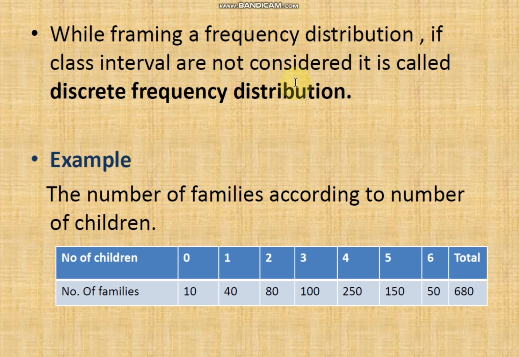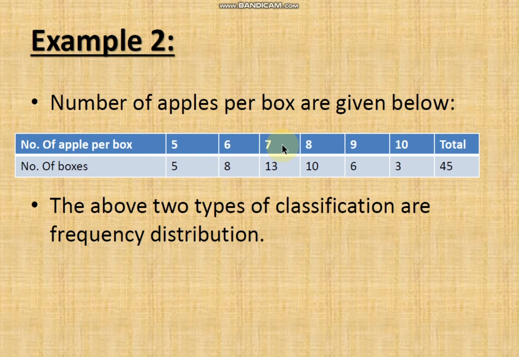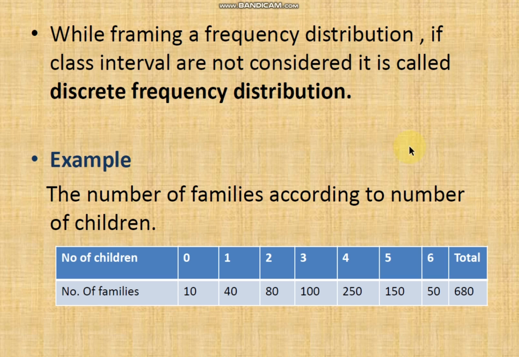While framing a frequency distribution, if class intervals are not considered, then it is called a discrete frequency distribution. If you have a distribution where there are single numbers like 0, 1, 2, 3, 4, 5, 6, or here 5, 6, 7, 8, they are particular numbers. So if you have variable values as particular numbers, then such a distribution is called a discrete frequency distribution.